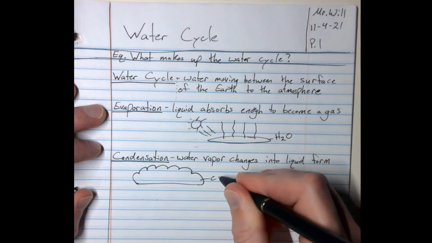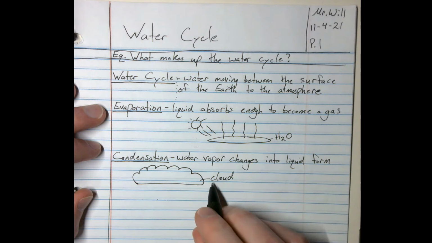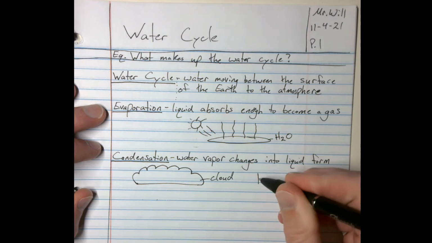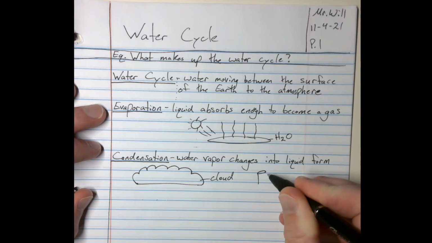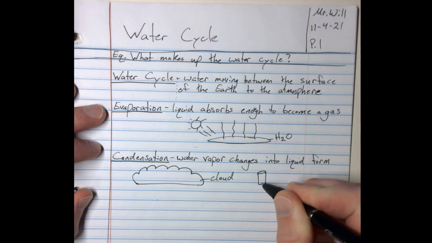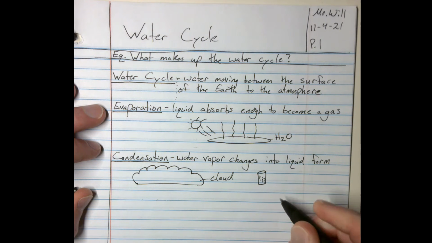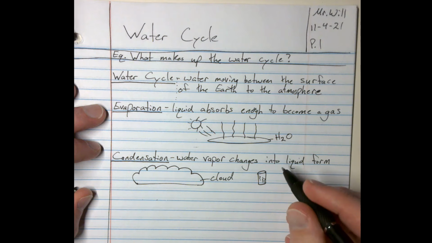I'm going to label that. It kind of looks like a D, but that's not cloud. You could also think about if I had a cup full of something really cold and it starts to drip off the edge of the cup, so it gets all dewy.